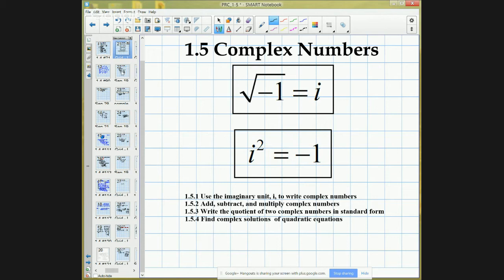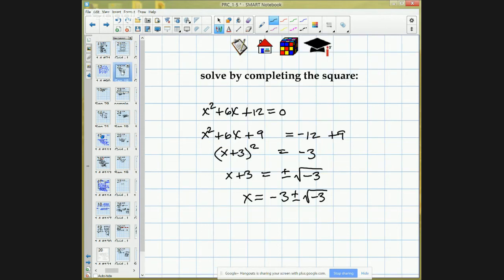So the first thing I'd like to show you, you already know. I mean, this is review. If you were asked to solve by completing the square, have all of you got that down now? The idea here is what? You first want to make sure that the coefficient of x squared is 1, which in this particular problem it is.